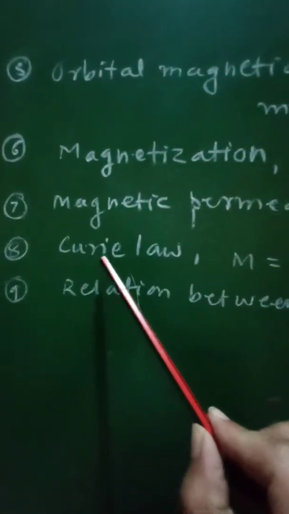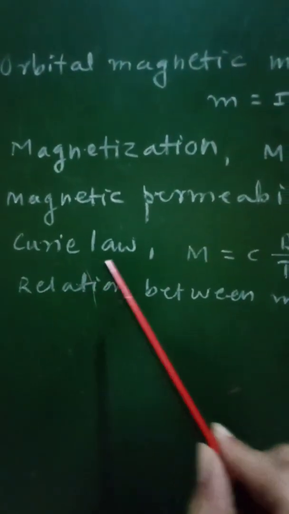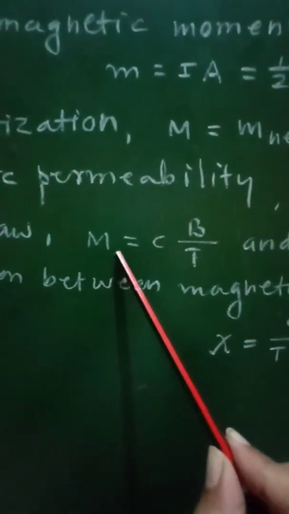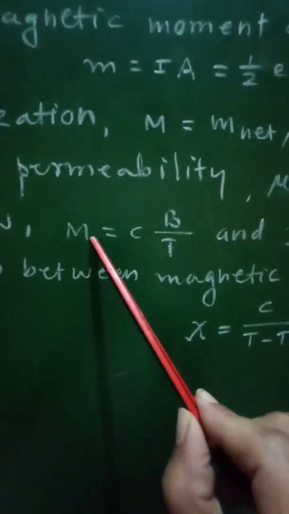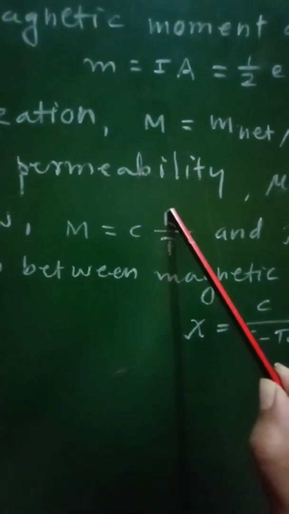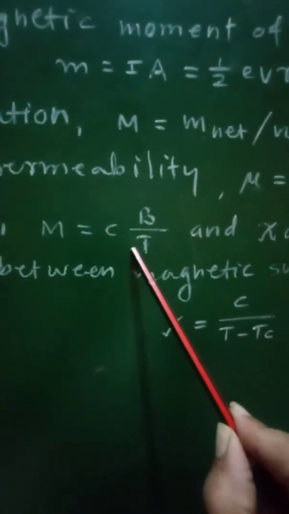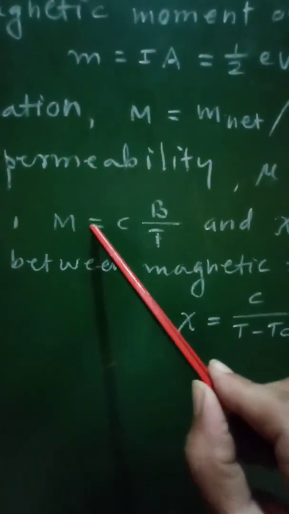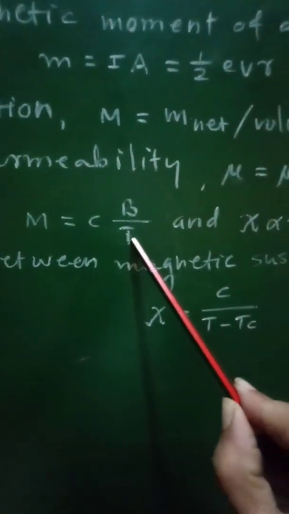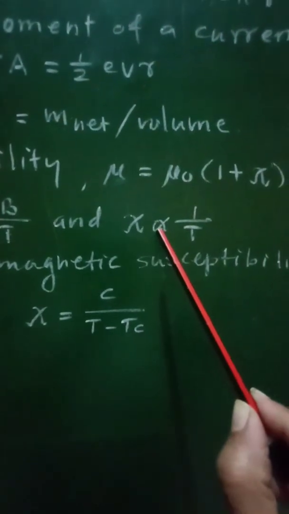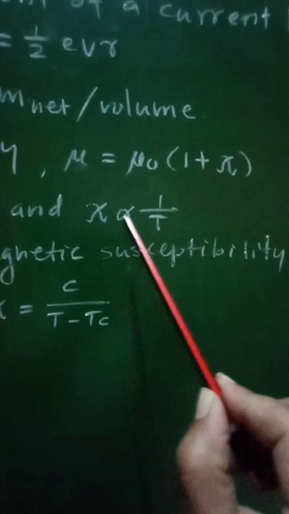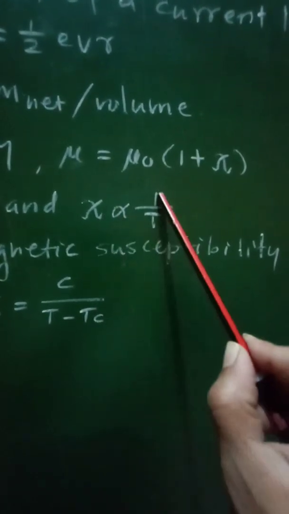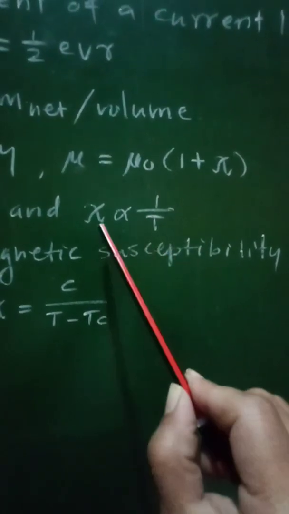Then eighth formula is for Curie law, that is M is equal to C into B by T, that means M is proportional to B by T, that is M is directly proportional to B and M is inversely proportional to T. And the susceptibility is proportional to 1 by T. Therefore we can say that susceptibility is inversely proportional to temperature.